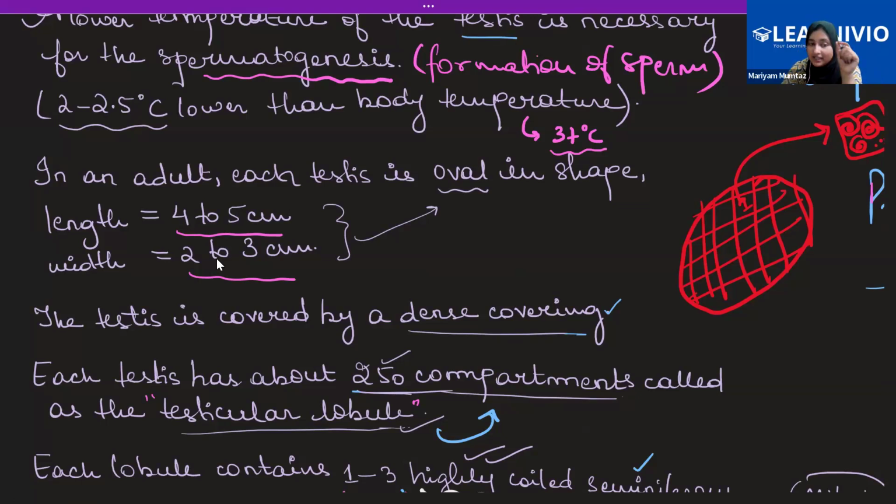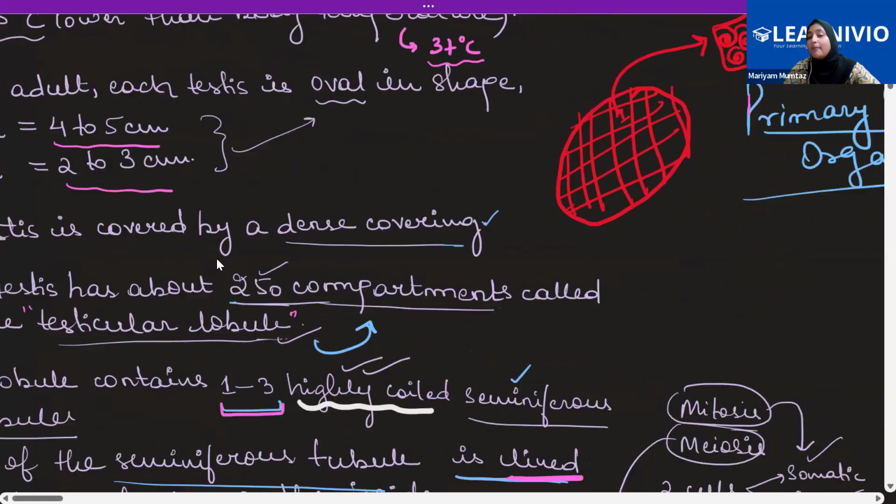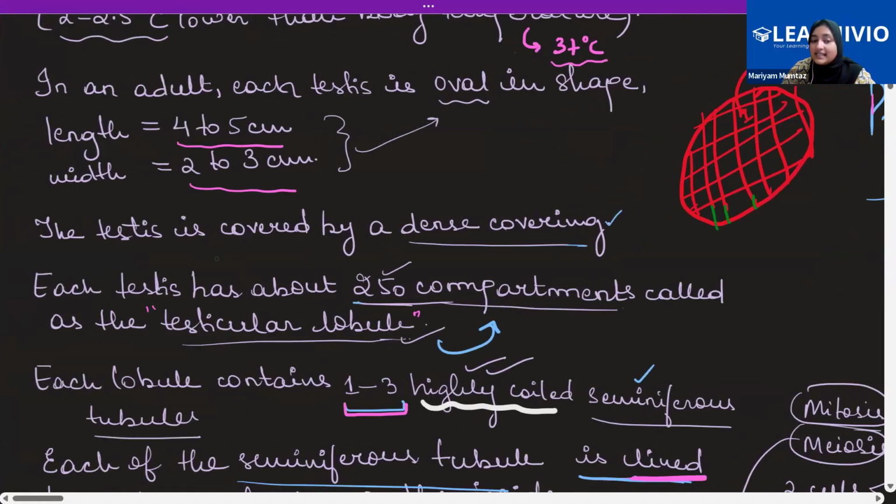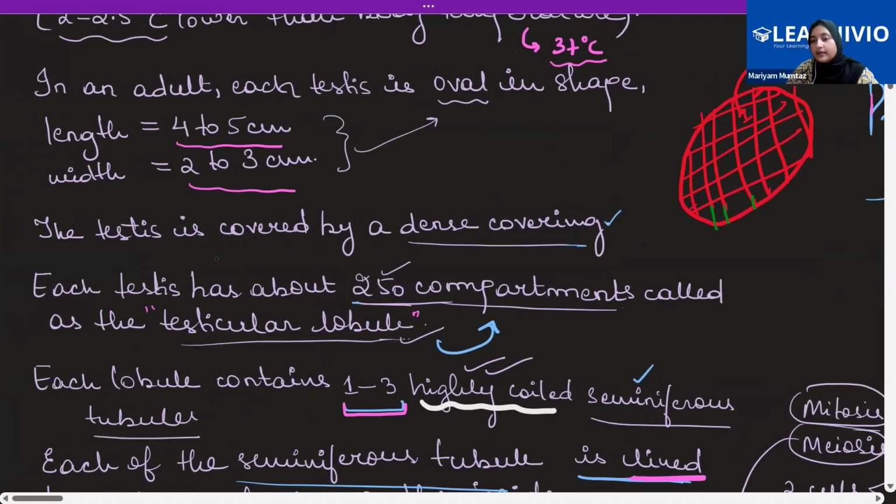See, inside each of the testes, there are 250 compartments. These are the checkered boxes that I've made. These are the compartments inside the testes, and 250 of them are there. These compartments are called testicular lobules.